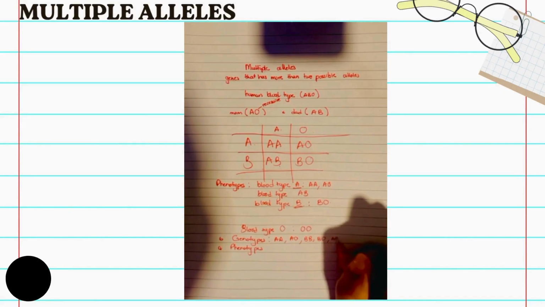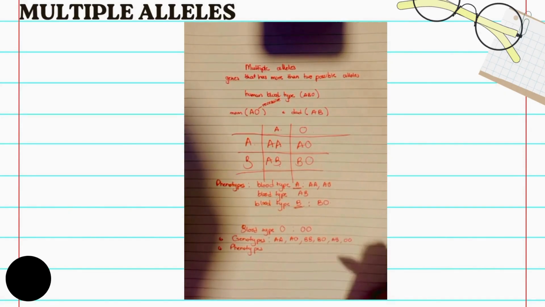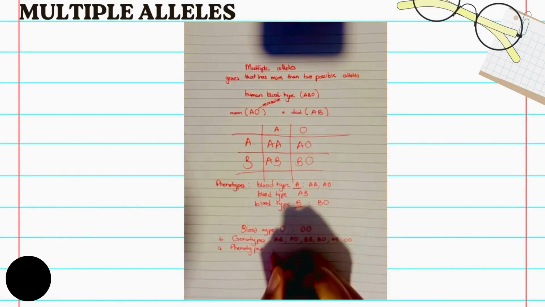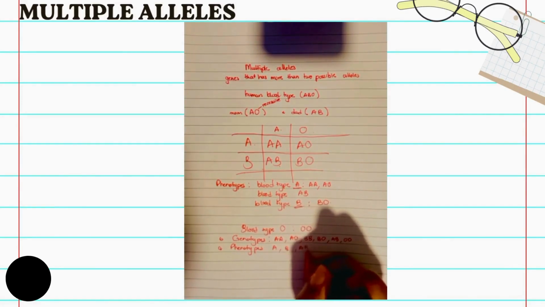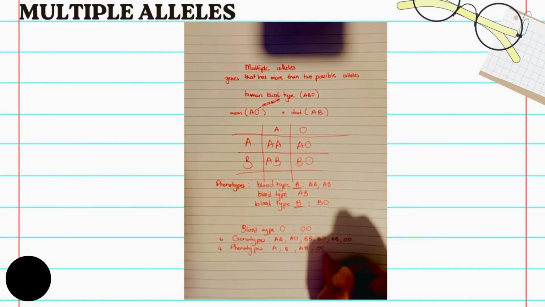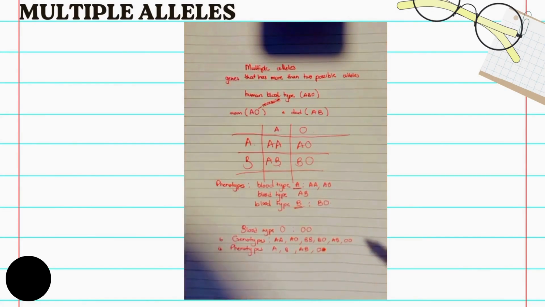But the phenotypes, or the types of blood, are blood type A, blood type B, blood type AB, and blood type O. We only have 4, because you can only physically show these. But there are 6 different types of genetic makeup for blood type. So I hope that makes sense. You can slow down the video and watch again.